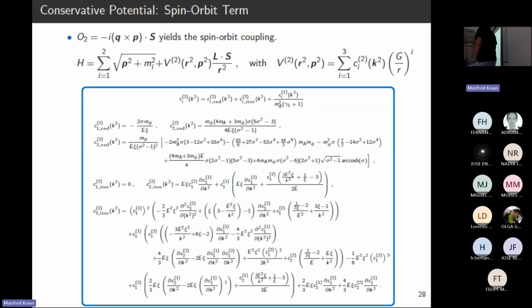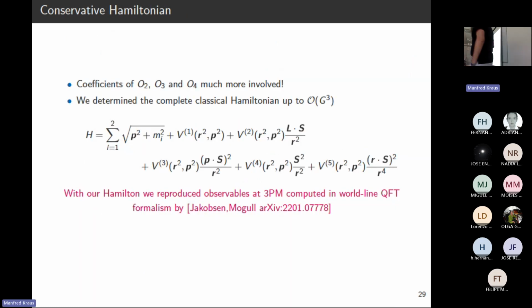The spin-orbit coupling is one of the most important terms in the Hamiltonian. You get very messy results, but this is also a new result and is at the moment employed in simulations for gravitational waves. The other operators that O3 models for are much more complicated, and I can't fit them on screen.